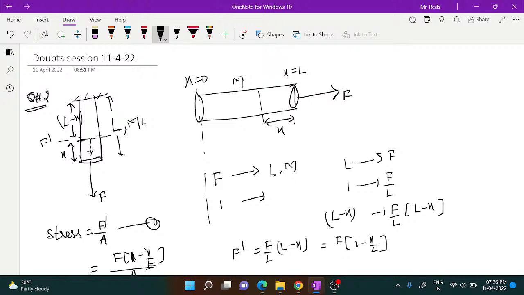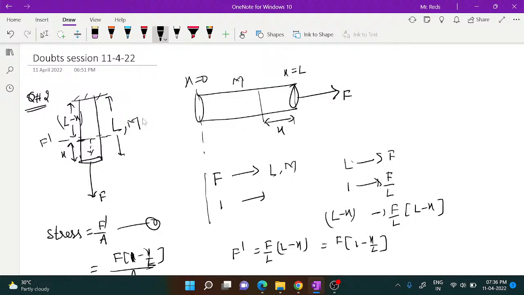To understand it, let us consider on total length L, a force F acts. If you divide this into number of units, on unit length of the wire, total force acting is F by L. On 2 units of length, 2 times, on 3 units of length, 3 times.